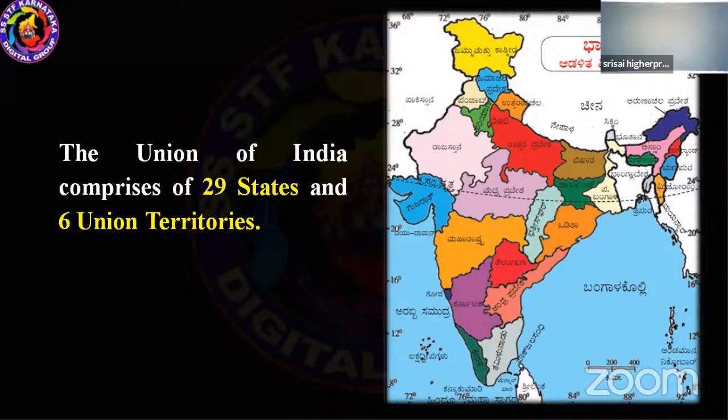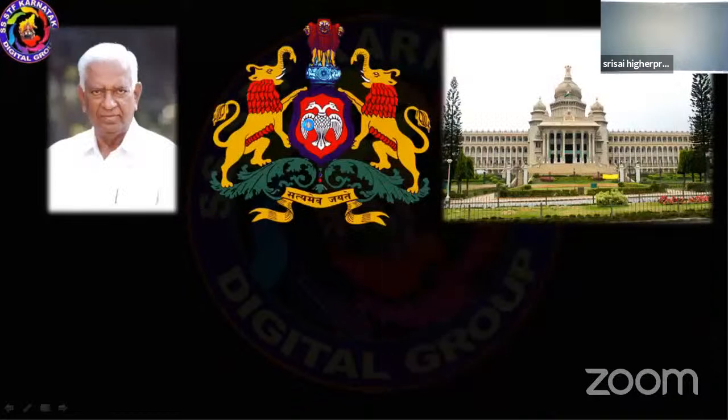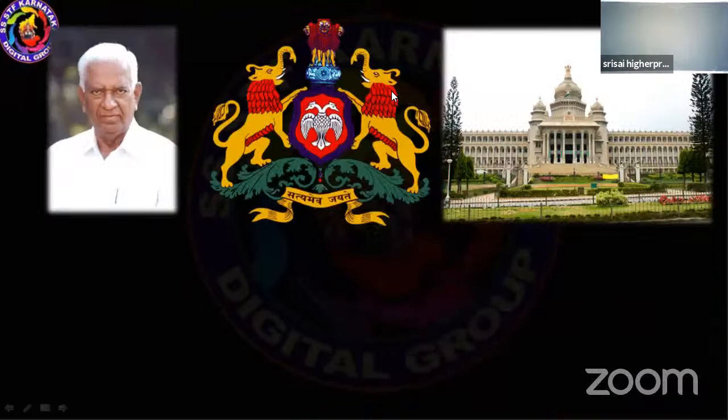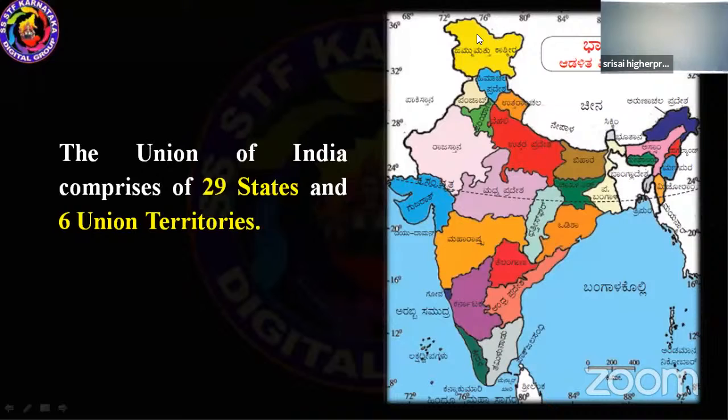They are Jammu and Kashmir, the second one Ladakh. The eastern part of Jammu and Kashmir is considered as Ladakh.